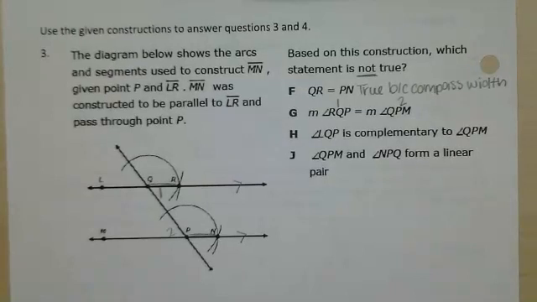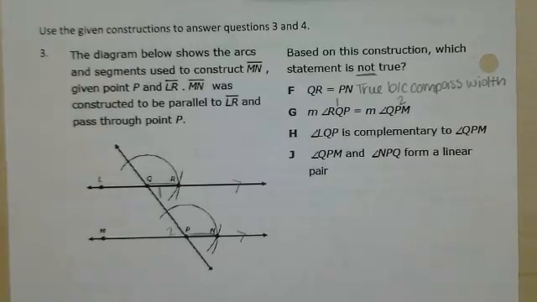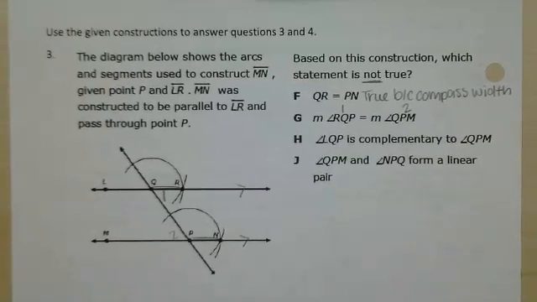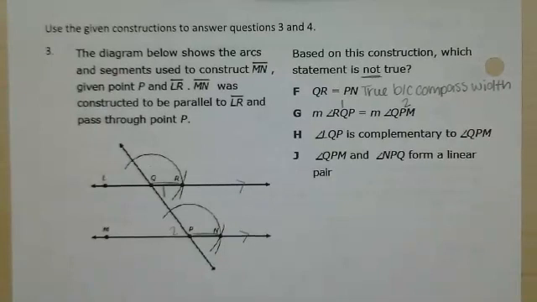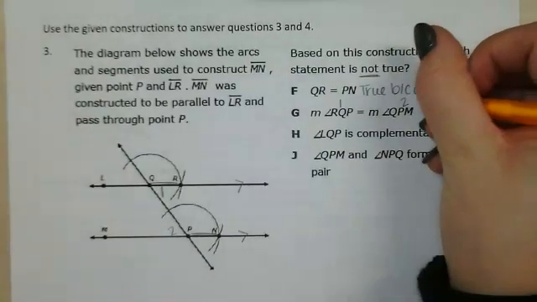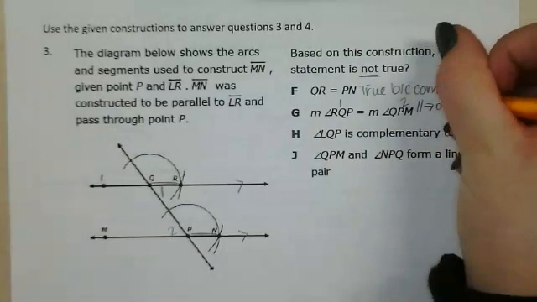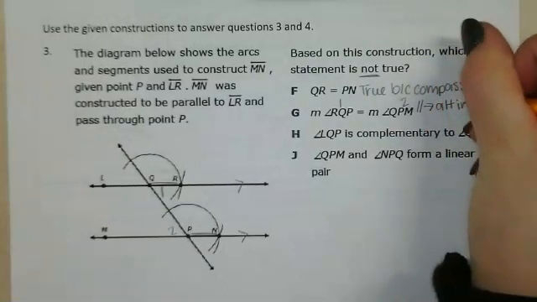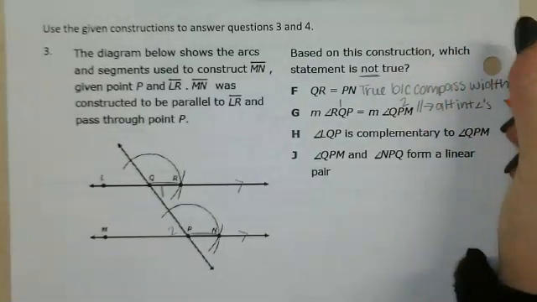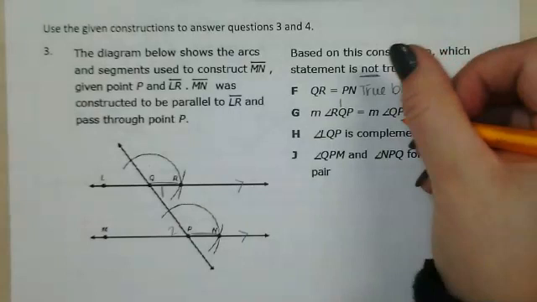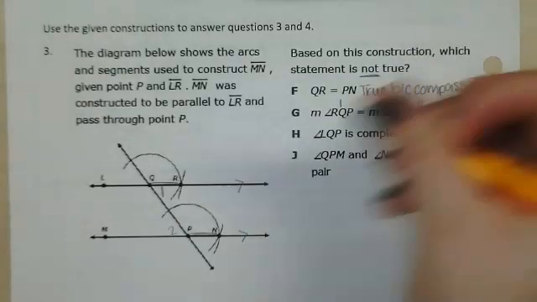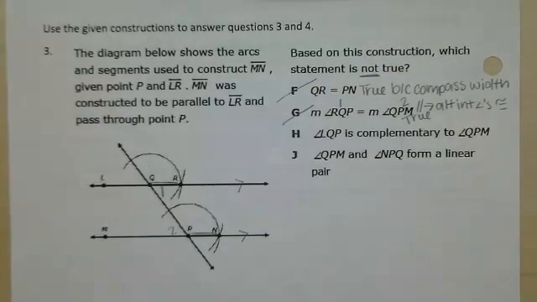It says that those two angles should be equal. What do we think? Should those two angles be congruent? Yes. Why? Because they're what type? Right. So I can say because we had those parallel lines, that let us know that those are alternate interior angles, which we do know are congruent. Okay, so this one was true as well. So it's not F, not G.